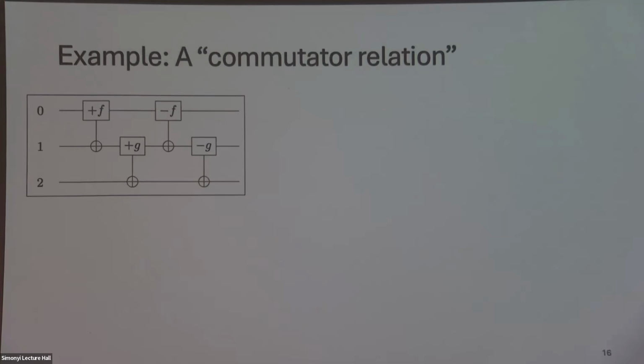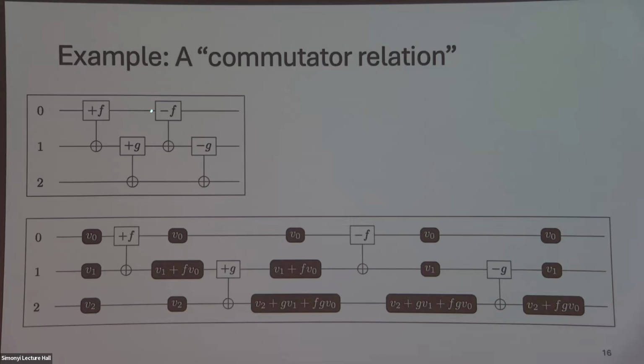Okay, so here's an example of how two circuits can be equivalent. Take this circuit, in the top left, which does plus f, plus g, minus f, minus g. It's 4 gates. For instance, if you take this vector v0, v1, v2, and you plug it into the circuit on the left, this plus f adds v0 times f onto v1. Then you multiply this by g and add it onto v2.